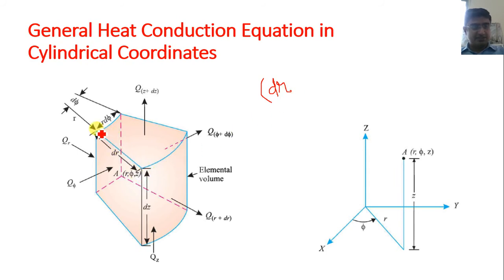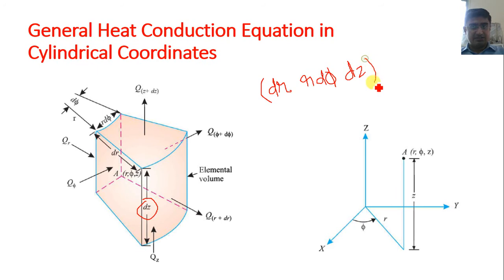Now the length in the r d phi direction. Here it is not a straight line, which means we cannot write d phi. We have to write r d phi, because the length of this curve is r d phi. And the length in the vertical or Z direction is given as dz.